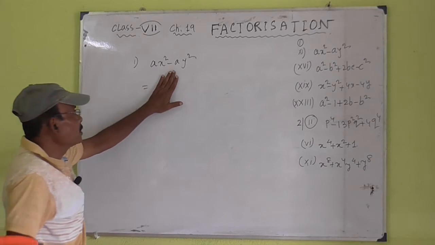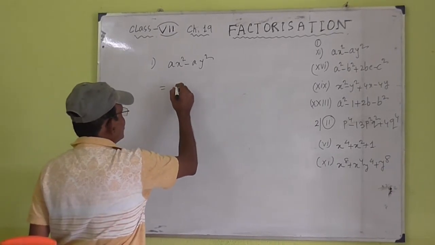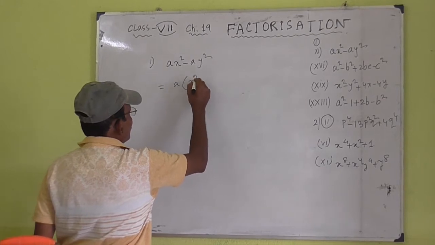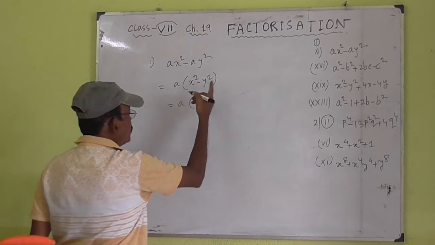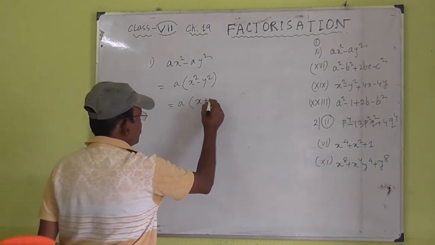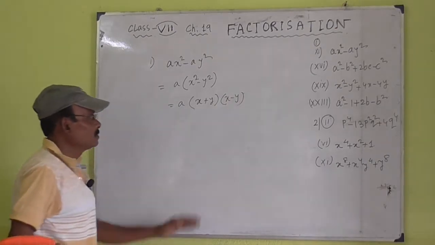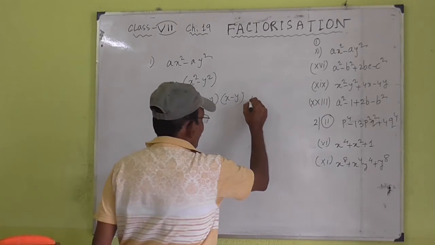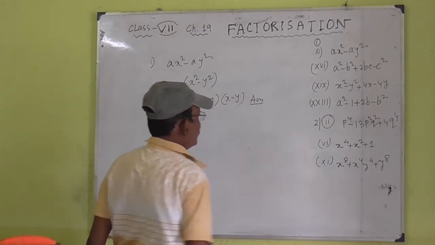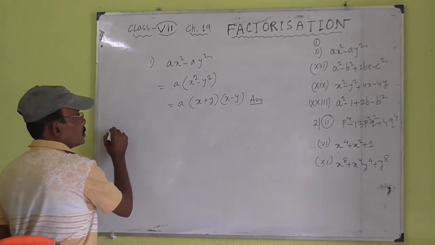First we take a common from the two terms, ax square minus ay square. So this will be a into x plus y into x minus y. This is the complete answer. Now let us take the second question.